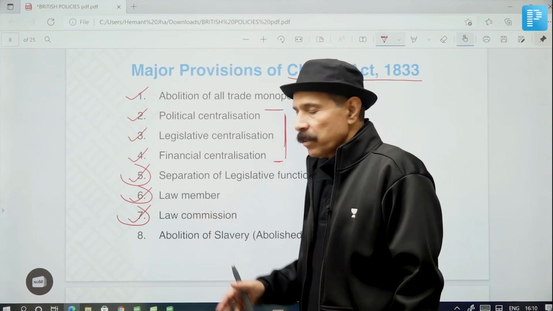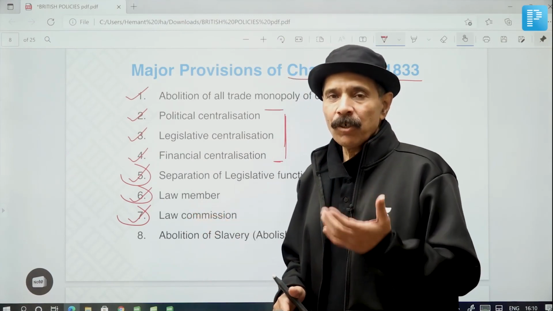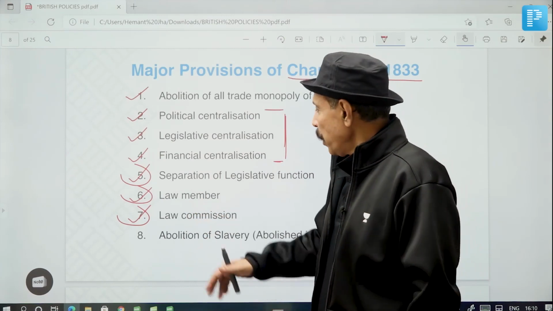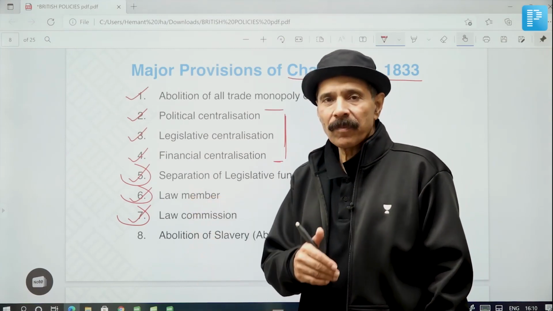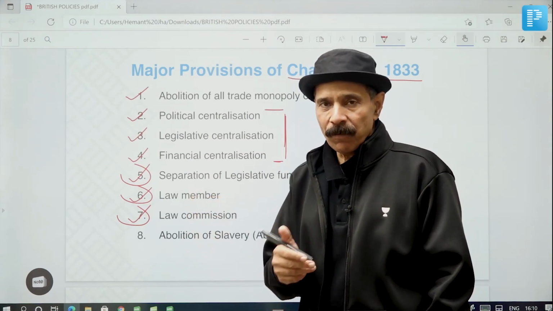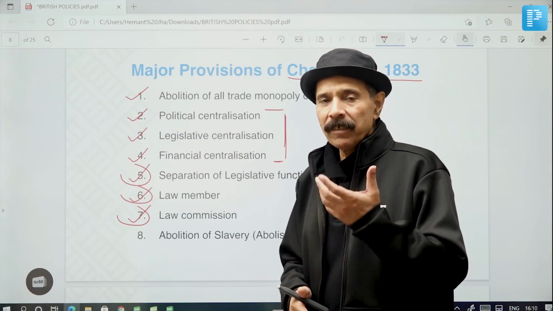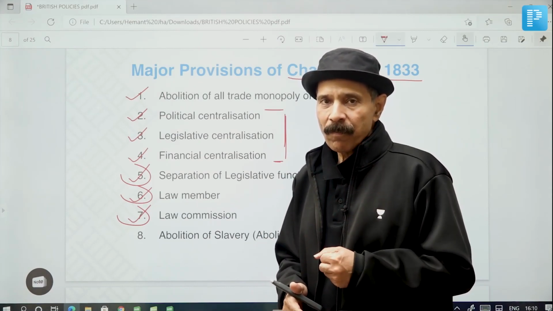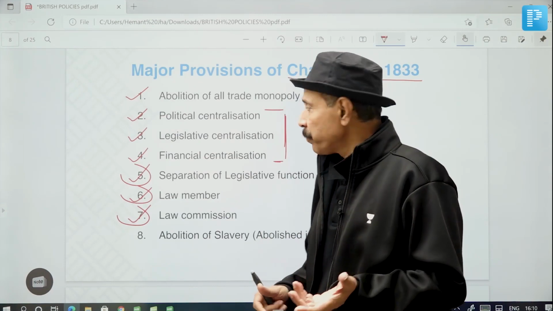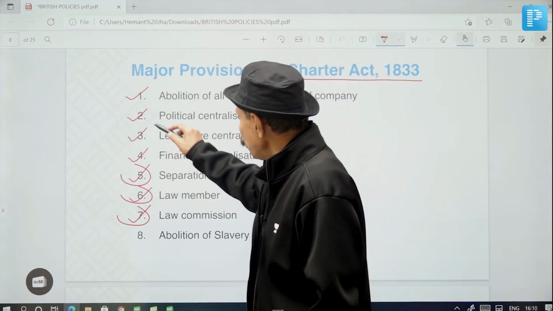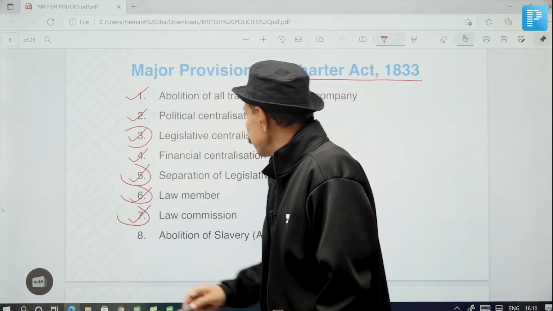Creation of the Law Commission for making the draft of law, and a law member in the Council of the Governor General of India for facilitating the process of making law. Besides, you find one more provision related to law, that is legislative centralization.